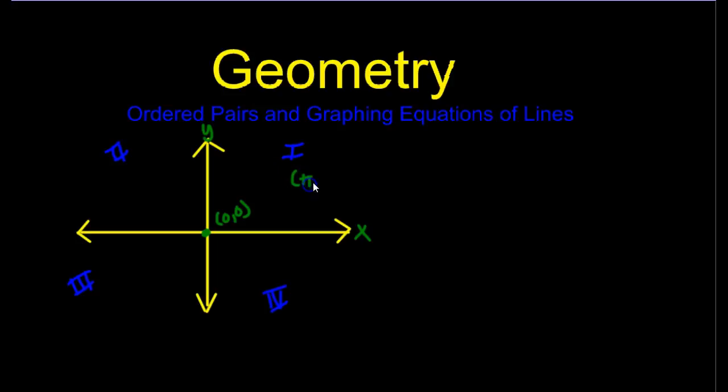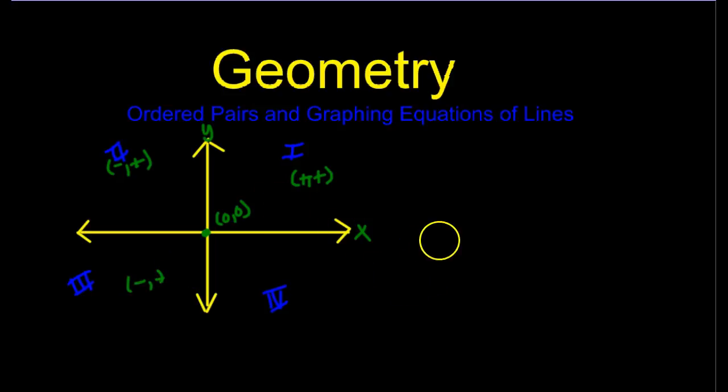Points that are in quadrant 1, both coordinates are positive. Points in quadrant 2, I have negative and positive. Points in quadrant 3, going to the left and down, means I have negative and negative.